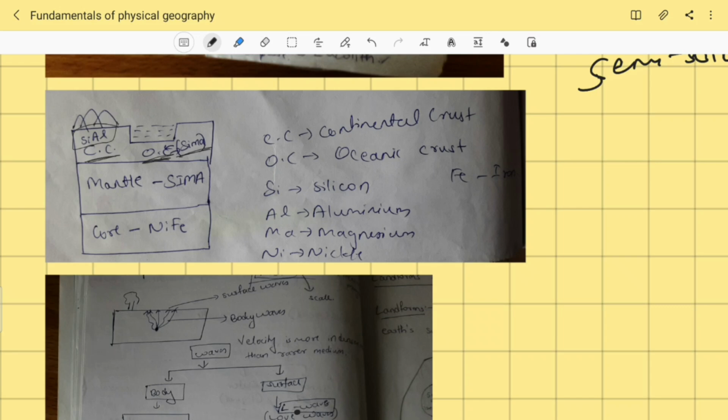Sima is a name of a girl, right? Ocean means water. So Sima, water. You can remember it that way, it's just the way I remember it. For continental crust, it is silicon and aluminum. Mantle is made up of Sima, that is silicon and magnesium, and core is made up of nickel and ferrous.